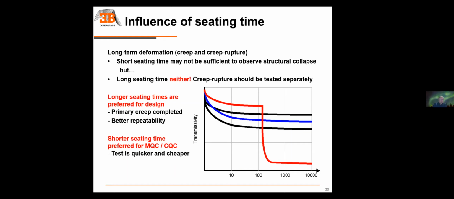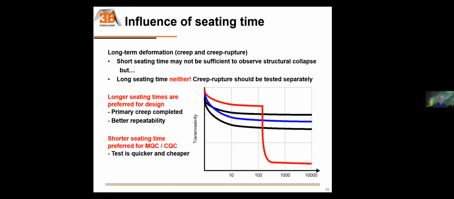The quantity of data which is available in North America, with tests up to 100 hours, allows us to make an educated guess, let's say. And what we are observing is that after 24 hours, the change of transmissivity is relatively moderate. The industry has established that 100 hours should be the seating time to be used for design in GRI GC8.